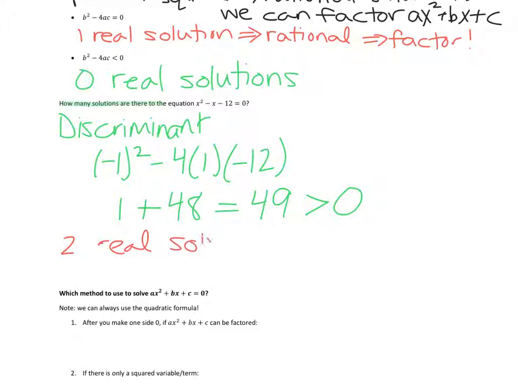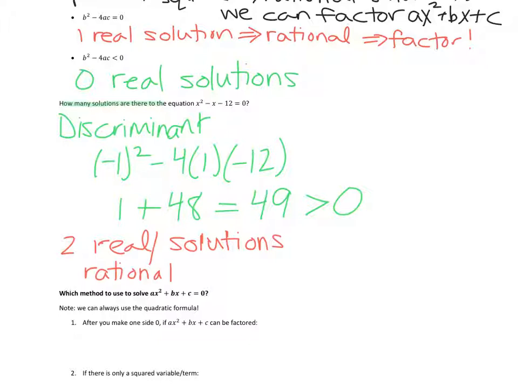In addition, we have a perfect square, so it's not just real, they're also rational. So we could say 2 real or rational solutions.